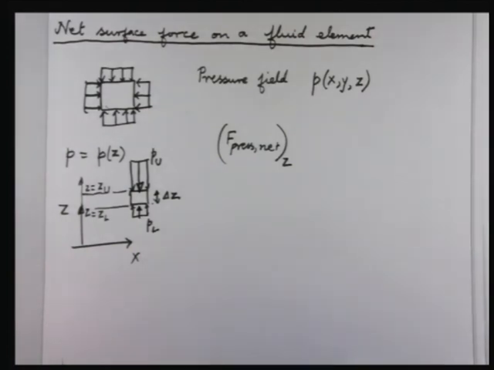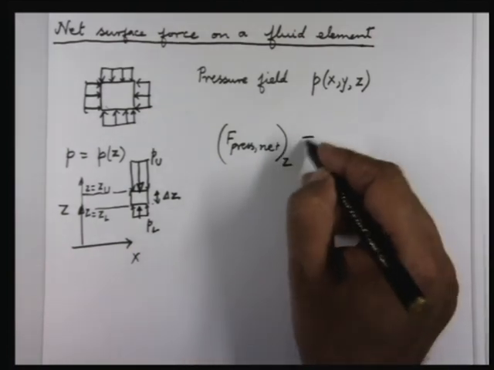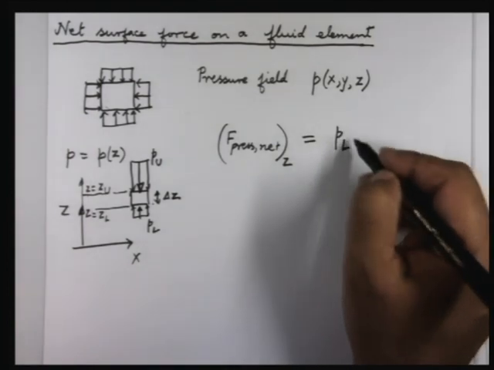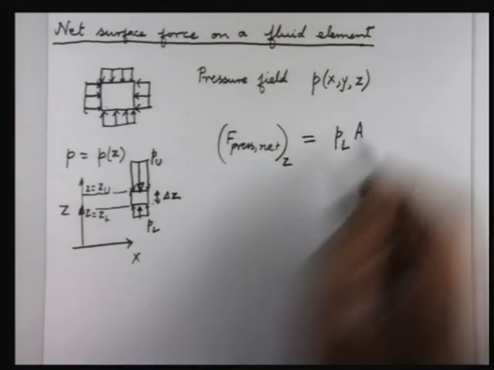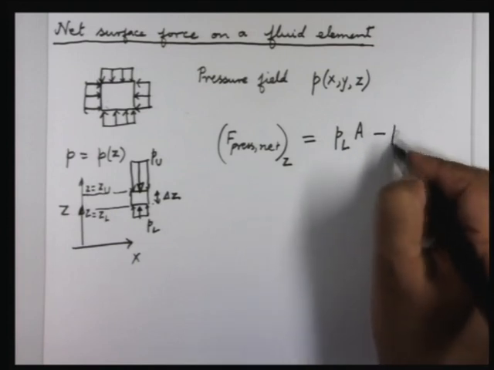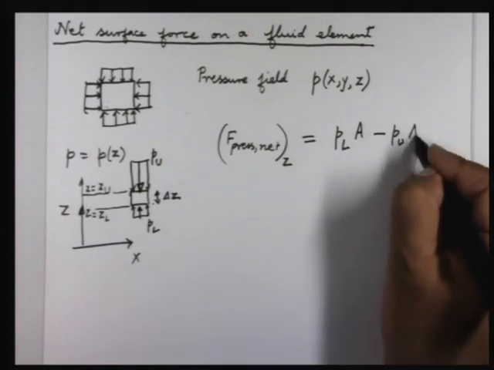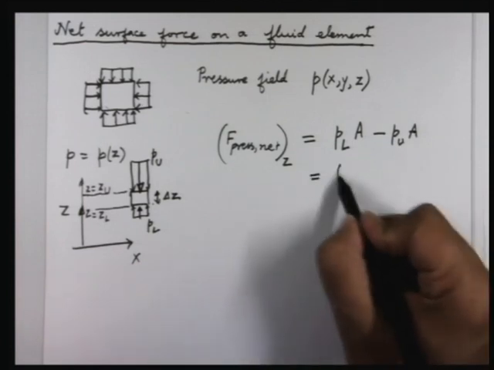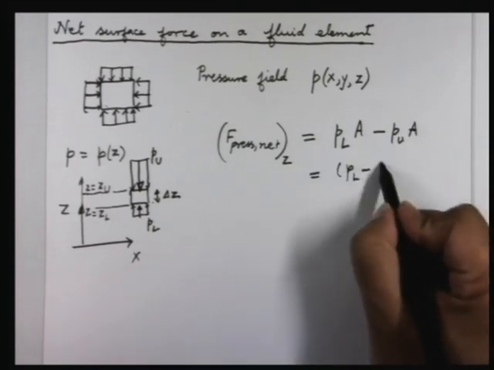That is obvious. So this is going to be equal to PL into the area of this face minus PU into the same area. So this is PL minus PU into the area.